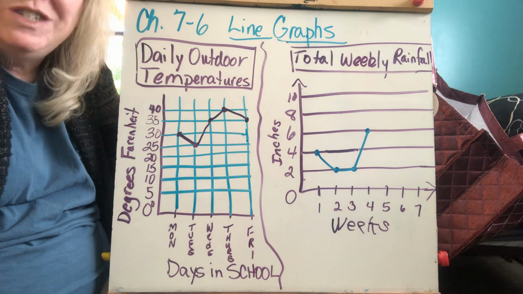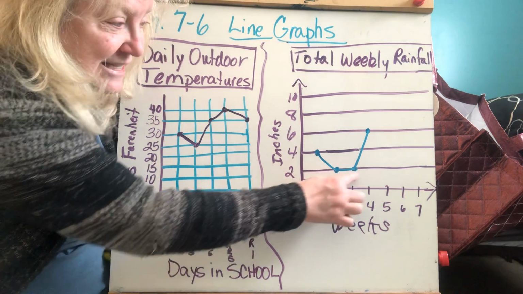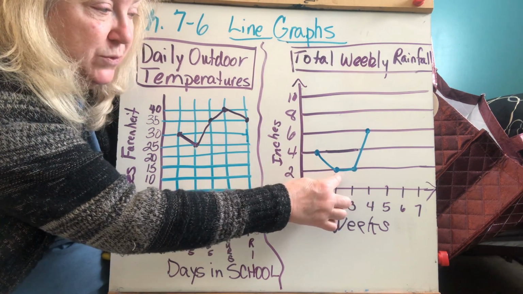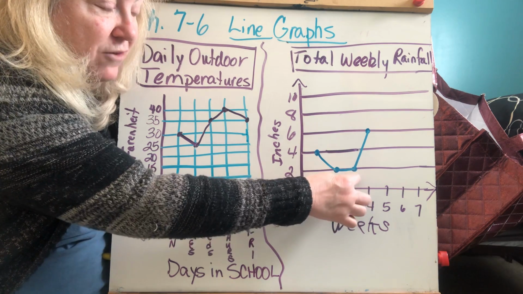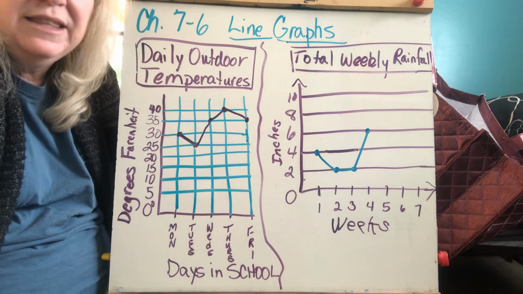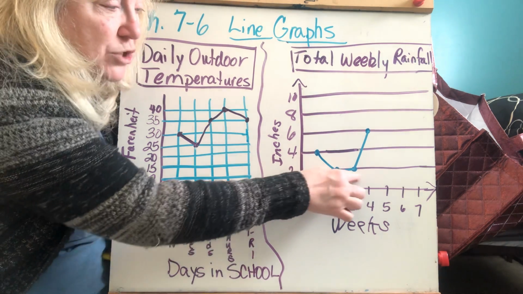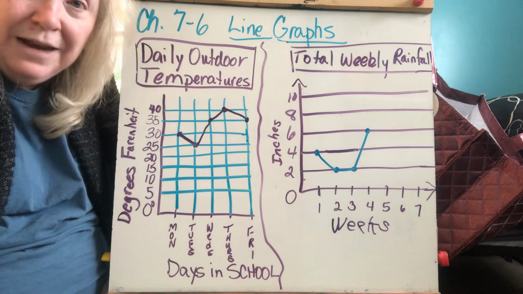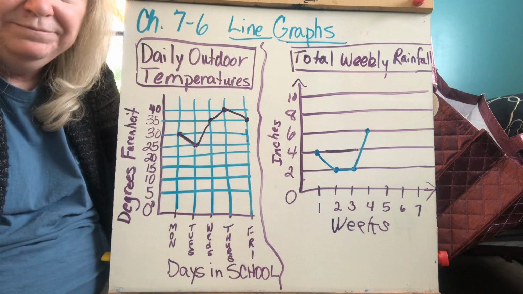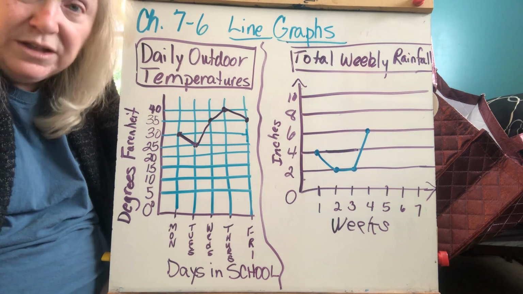Well, hopefully you said neither, because it stayed the same. There was no change in data. On Friday of week 2, there were 2 inches of rain, and on Friday of week 3, there was also 2 inches. So the amount of rain collected that week did not change. So there was no change in data. And you know that because the line is horizontal. It doesn't go up, it doesn't go down. Okay, you're going to try the rest of the problems on your own.